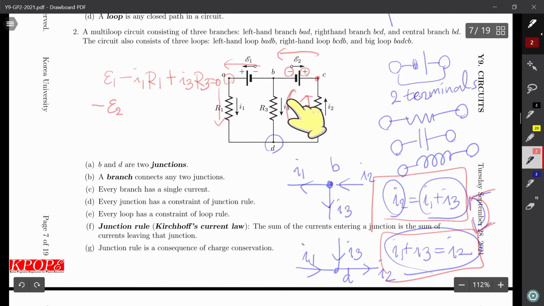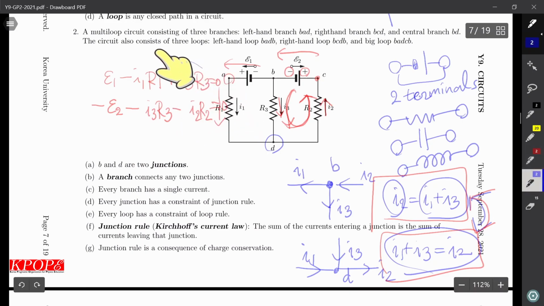You follow this direction. Now I3 is parallel, so I3 R3, you decrease the potential. And then you follow I2 again. I2 R2, you decrease the potential because you follow the direction of the current.